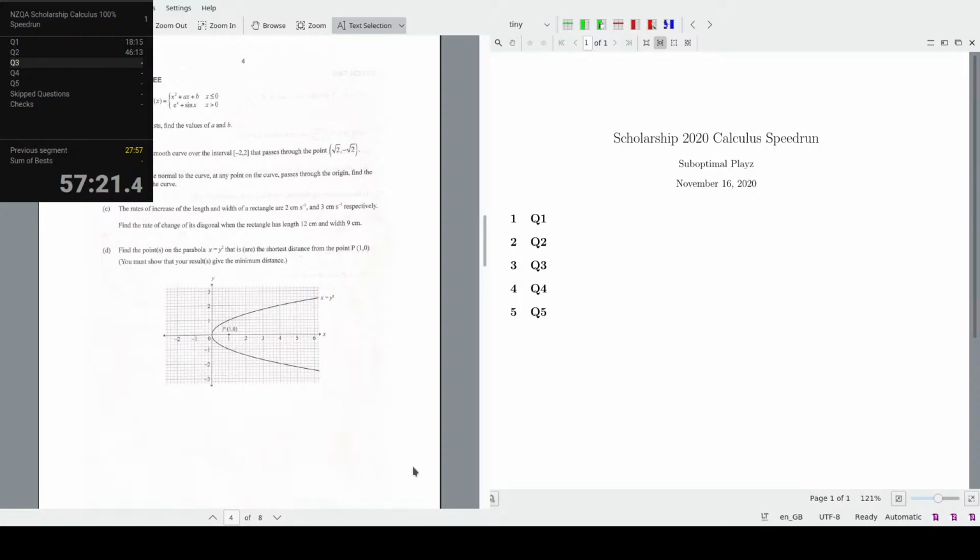Consider a point (t squared, t) on the parabola, where t is a parameter. So I'm parameterizing the parabola, but you really don't need to, I guess.